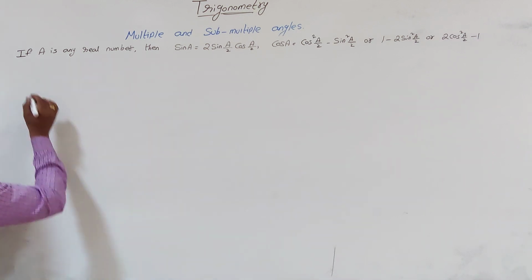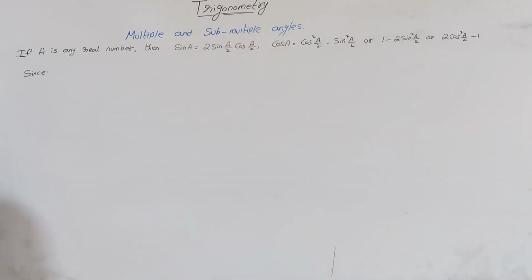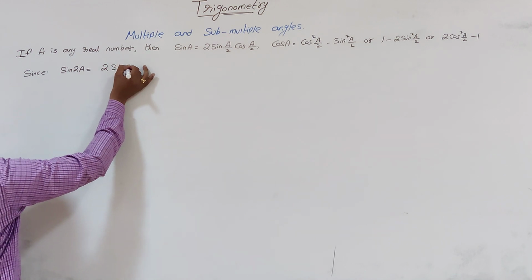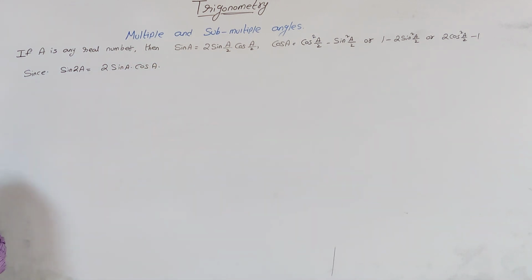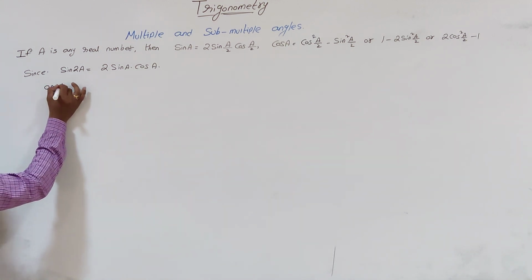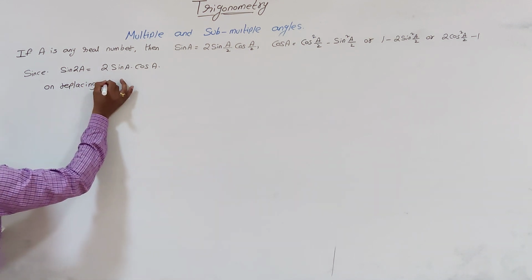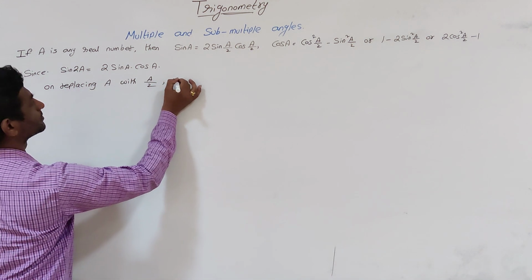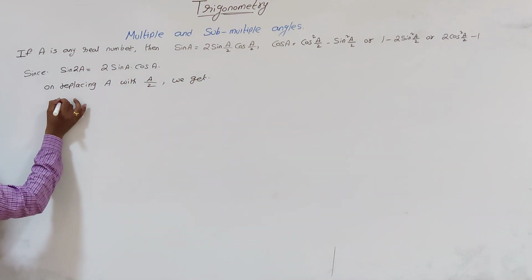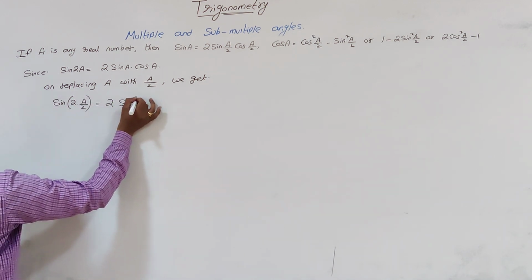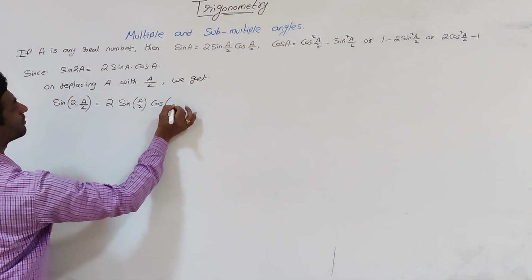As we know sin 2A and cos 2A, since sin 2A is 2 sin A into cos A. That is a double angle of angle A. Now we have to go for half of angle A. So on replacing A with A by 2, we get sin of 2 into A by 2 is equal to 2 sin of A by 2 cos of A by 2.